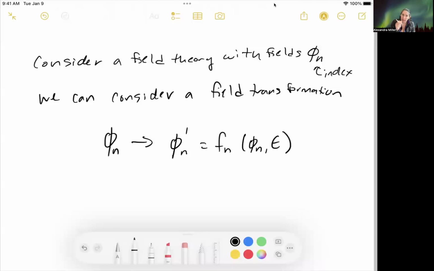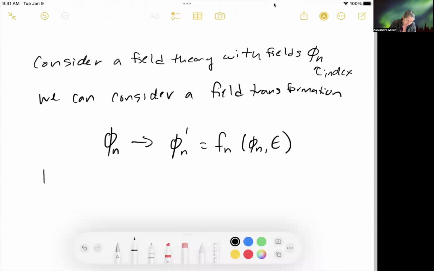Right? So again, the phi prime is not a derivative or anything. It's just telling us it's some different fields. So just like before in analytic mechanics, the transformations we were considering were transformations of our coordinates. Now we're actually considering transforming our fields. And then we're going to ask if this is a symmetry of our Lagrangian.